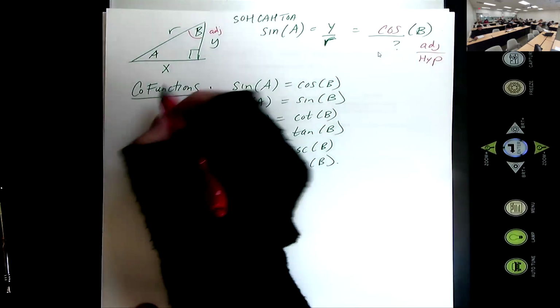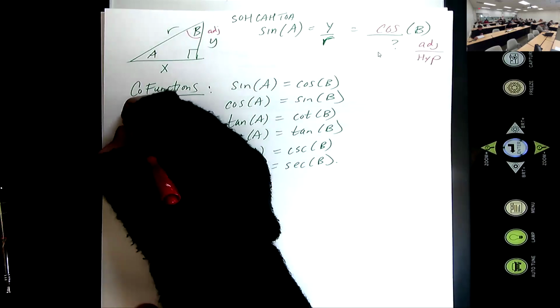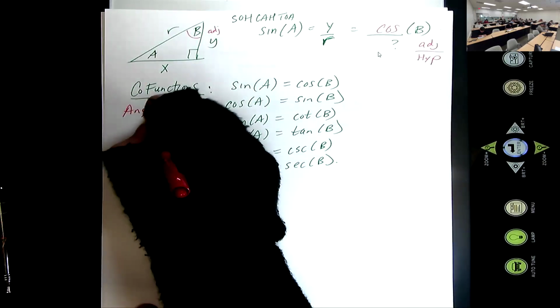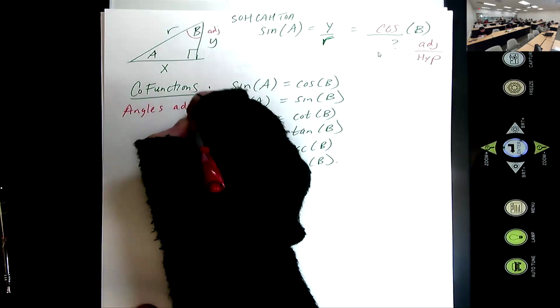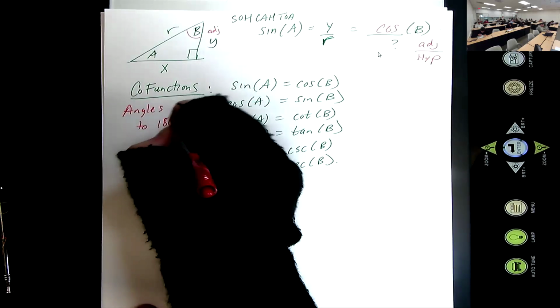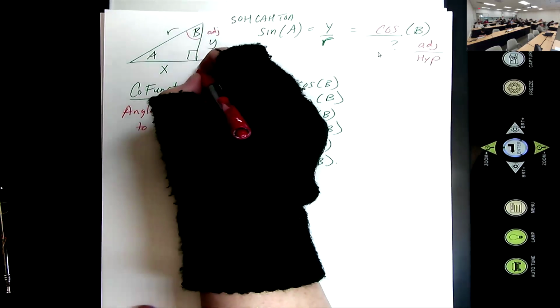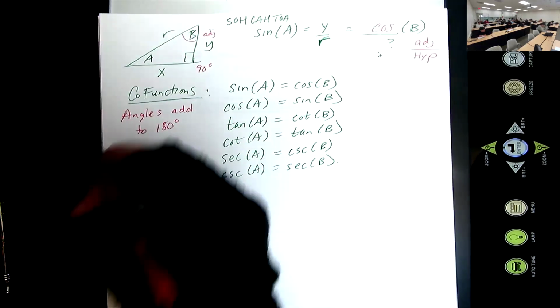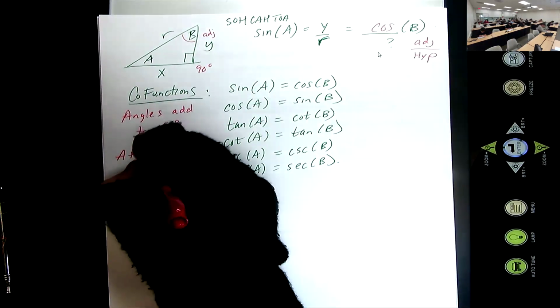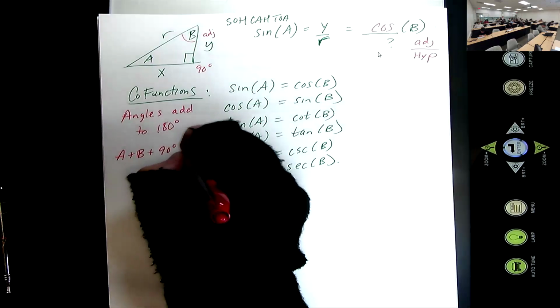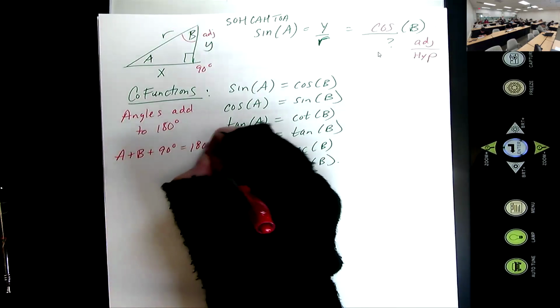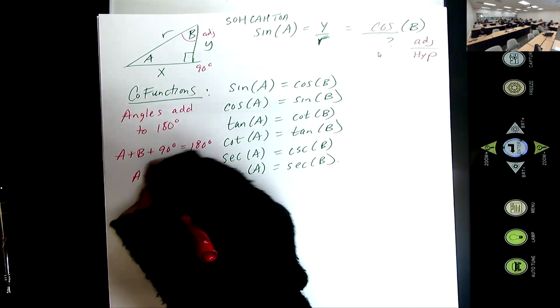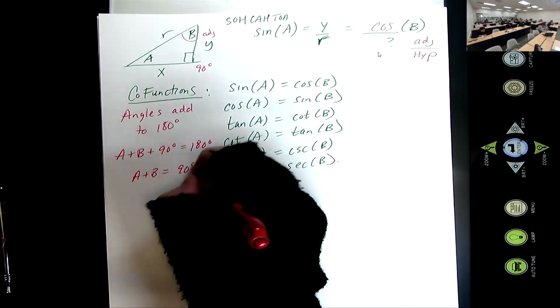So we have, remember, angles add up to 180 in a triangle. And a right angle is 90 degrees. So I have A plus B plus 90 degrees equals 180. Which means A plus B equals 90 degrees.